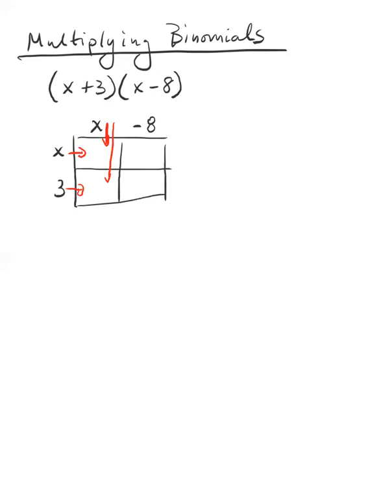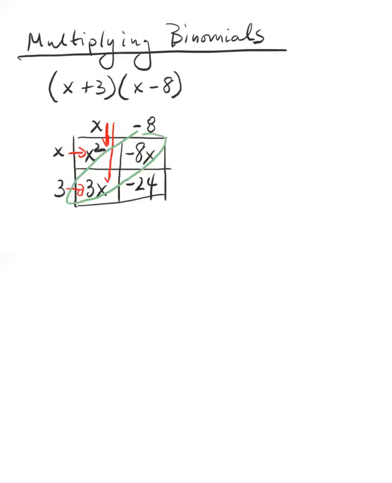So x times x gets us x squared. X times 3 gets us 3x. X times negative 8 gets us negative 8x. And then positive 3 times negative 8 gets us negative 24. And here you see that our diagonals are like terms.